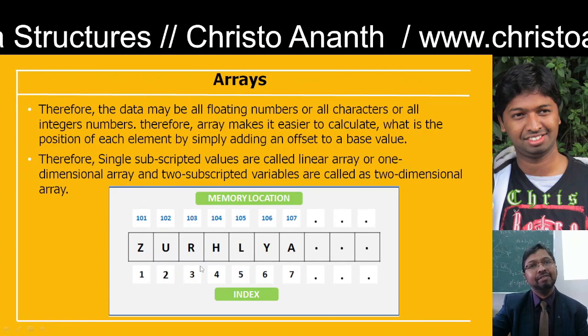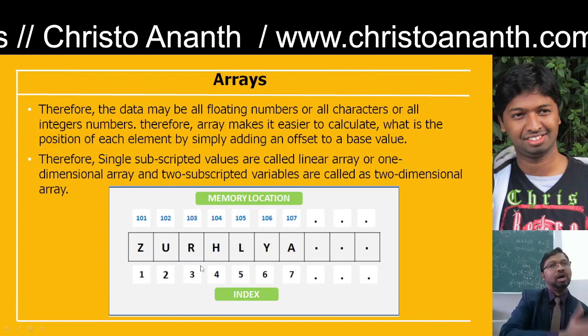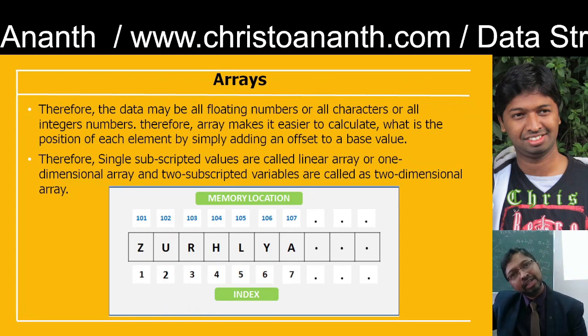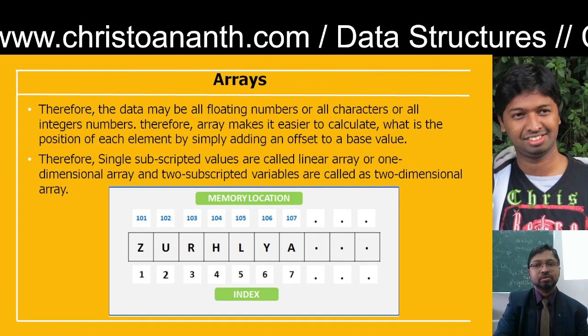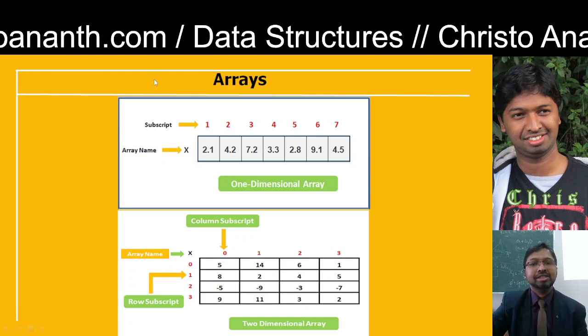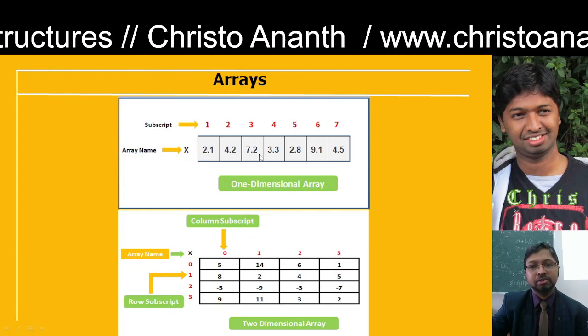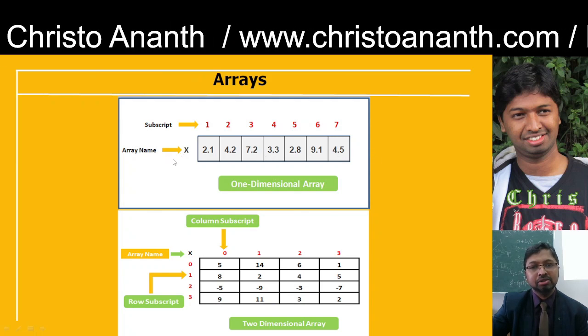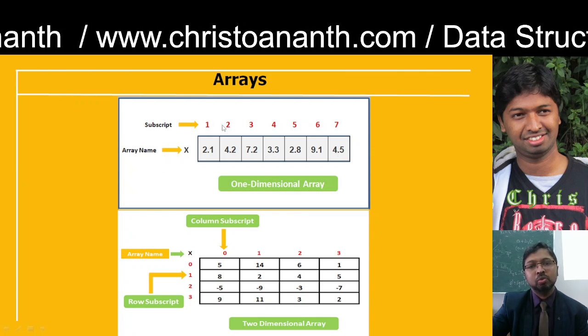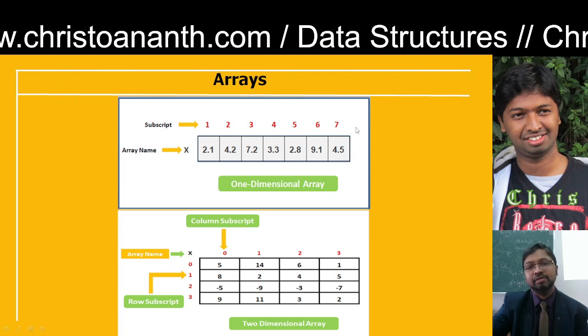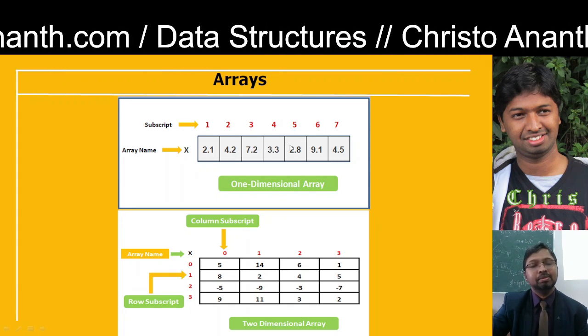Each of them has subscripts 1, 2, 3, 4, 5, 6, 7. This is the subscript I'm talking about. The array name X holds values like 2.1, 4.2, 7.2, 3.3 and so on. The subscript is 1 to 7, so this is a one dimensional array.